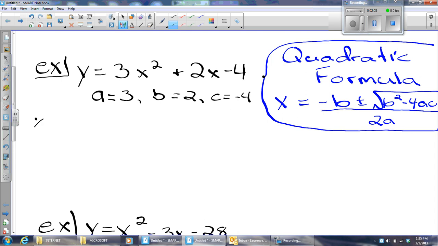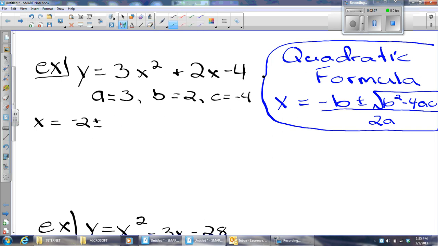So x equals negative 2 plus or minus the square root of b, oops, forgot to put my number in there.